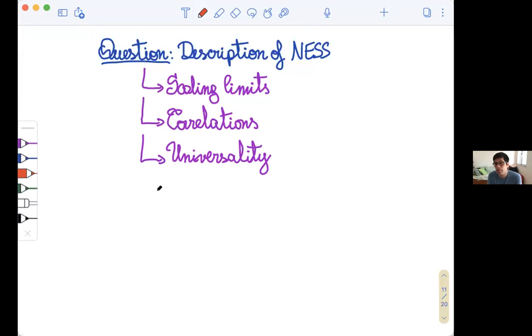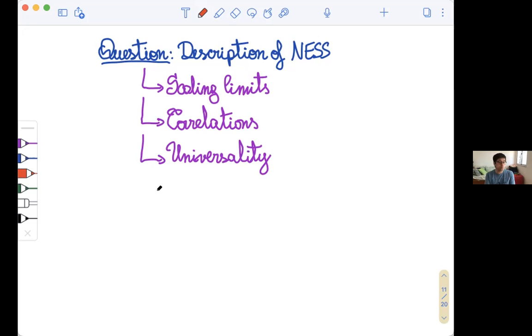And then a natural question, of course, is about universality. What do I mean by universality? Okay, I'm just giving you one model, one example of a driven diffusive system, and then one would like to know whether different models have the same scaling limits.